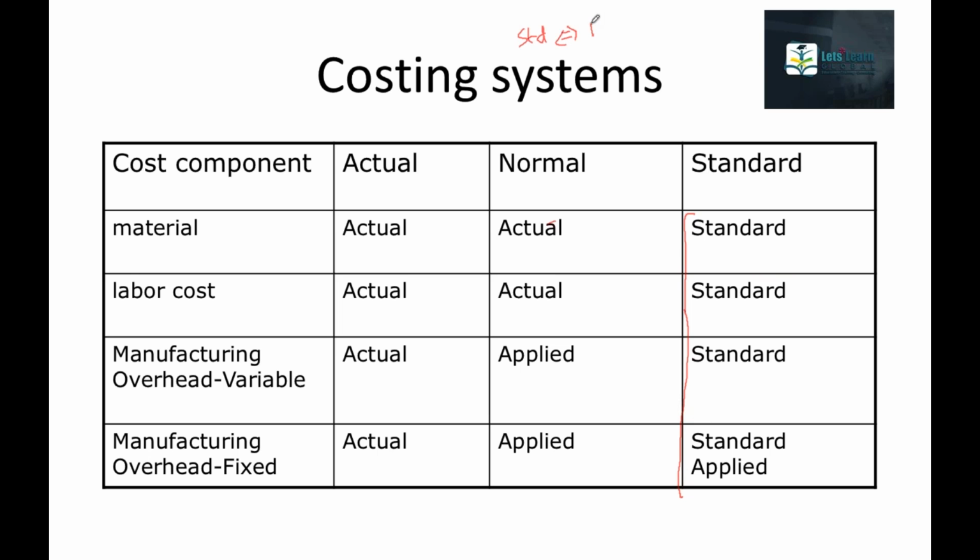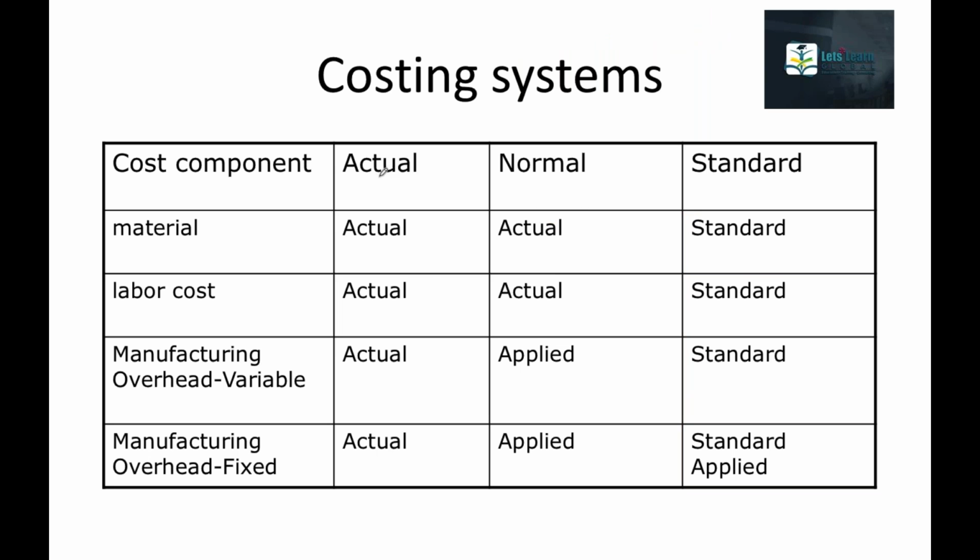Did cost means the amount you actually paid. So should cost and did cost are to be compared to find out the variance. This we'll study in the next session, whether it is a favorable variance or unfavorable variance, who is responsible for this, etc., in the variance analysis topic.